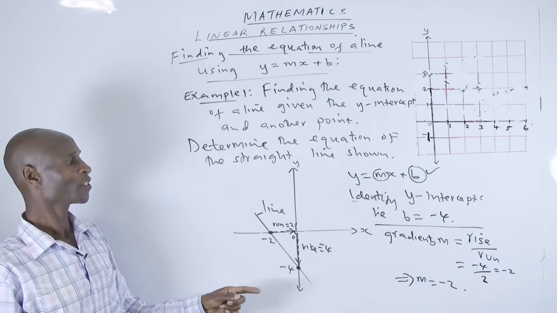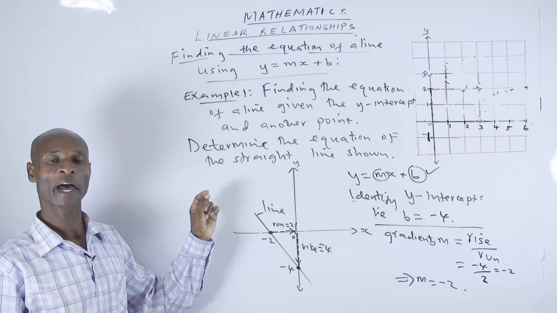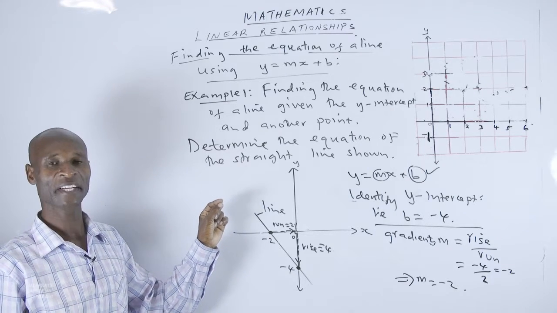We now replace where there is m with the -2 and where there is b with the -4.